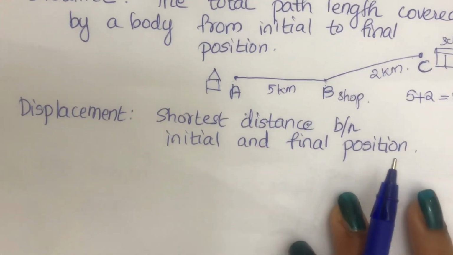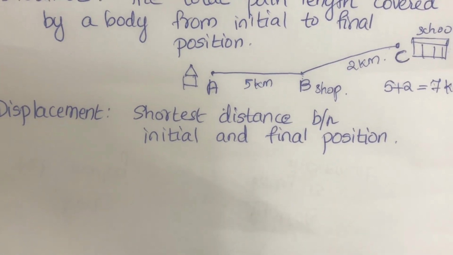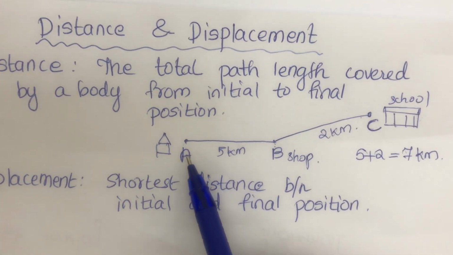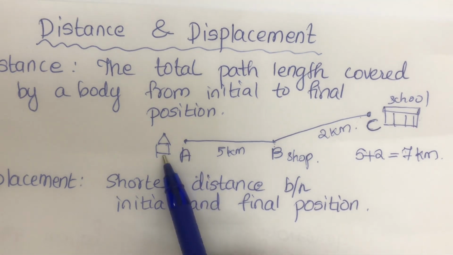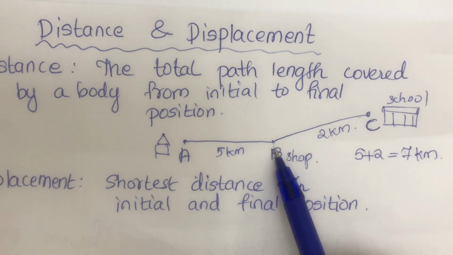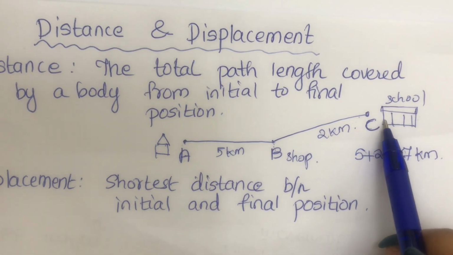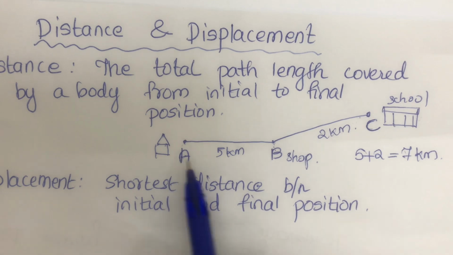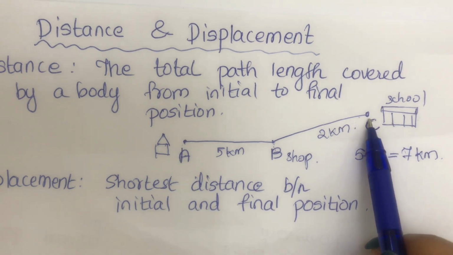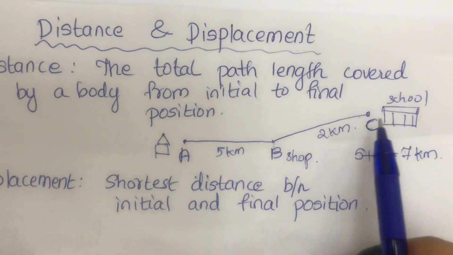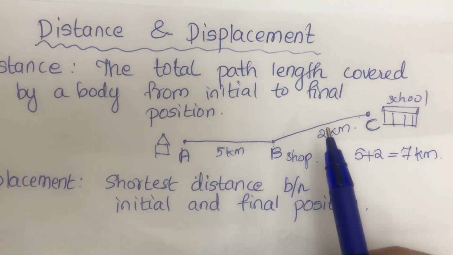And now what about displacement? Displacement is the shortest distance between initial and final position. So here we'll take the same example. You started from your house and you went to the shop to buy chocolate, and then you went to school. Okay, so initial position is A and final position is C. So what is distance? Distance is from A to B and B to C. But what is displacement?